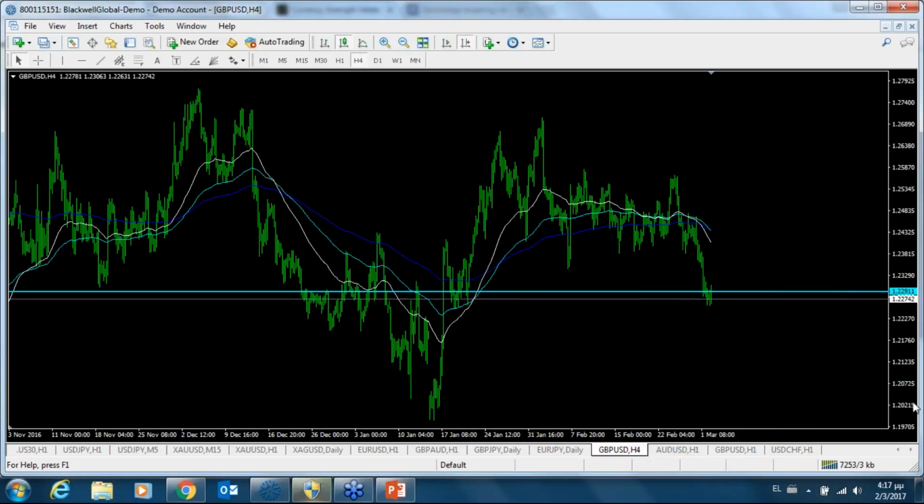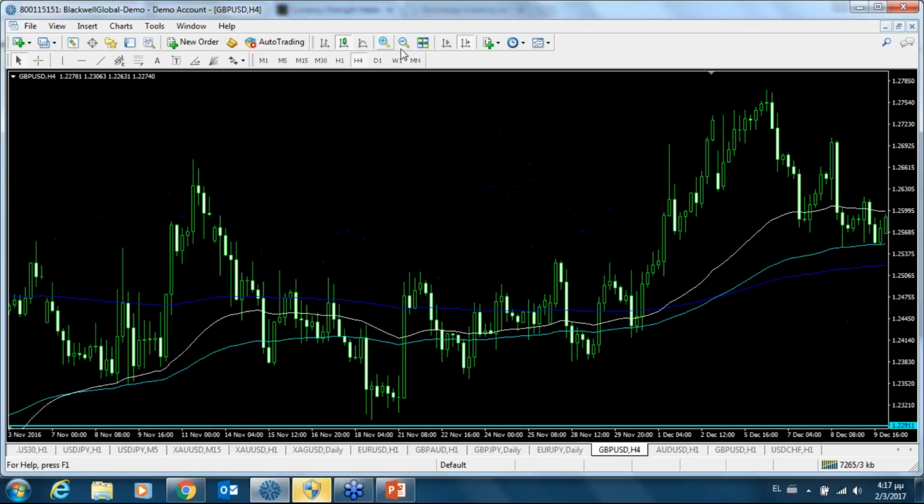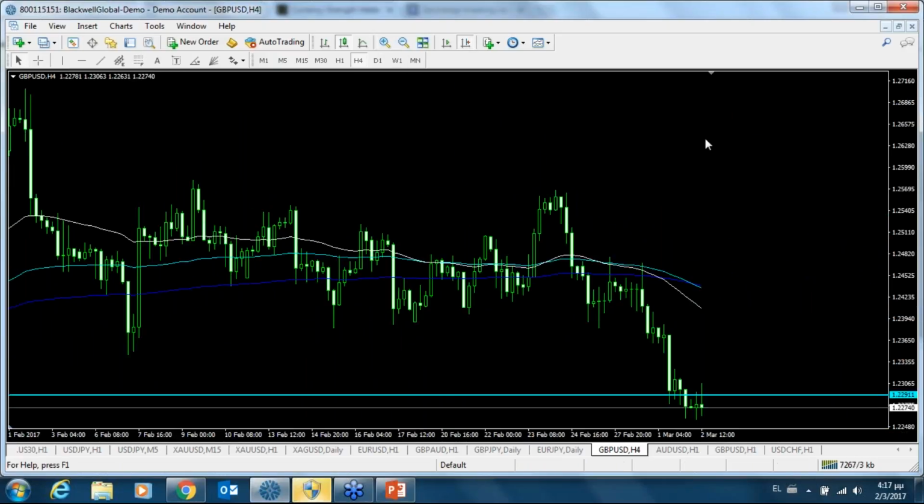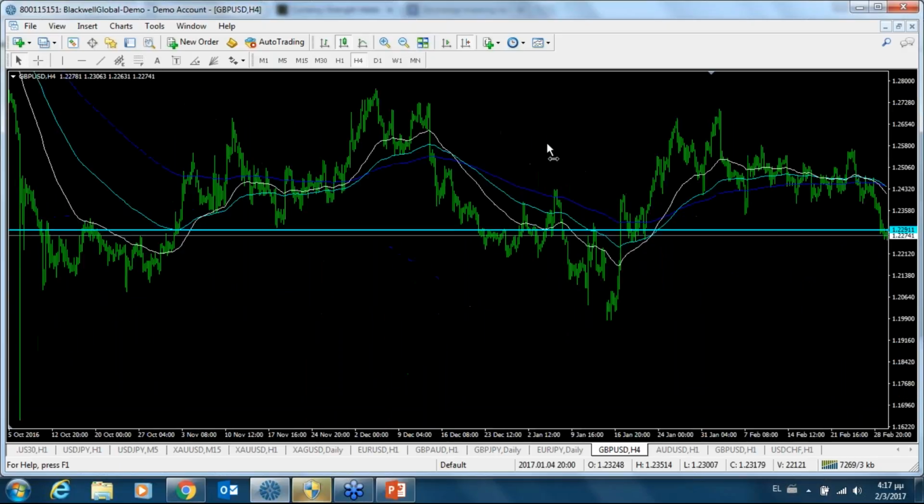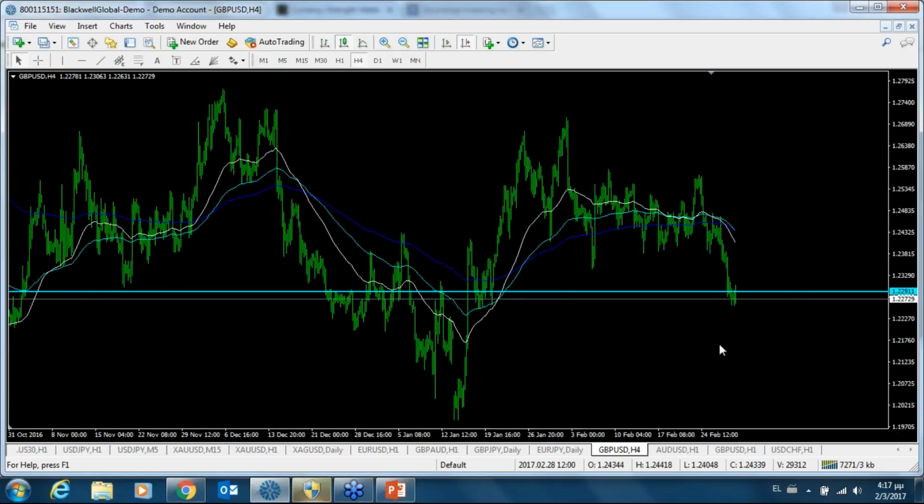Let's zoom out. Okay, sorry about that. Let's look into zooming in a little bit, not too much, like that. And what I would like to do is focus on the ABCD pattern. At this stage, my ABCD pattern is quite messy.